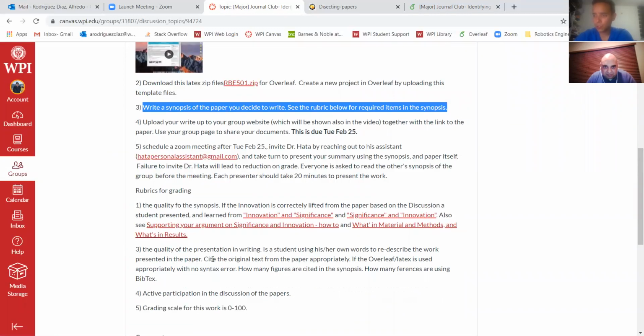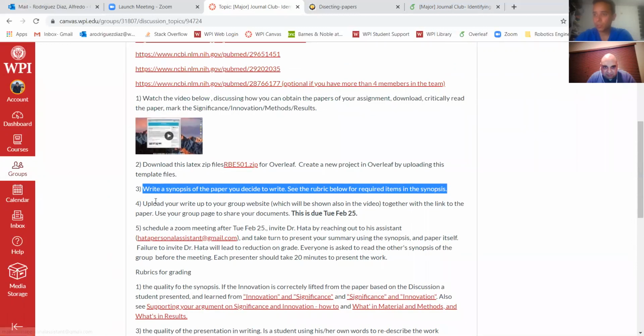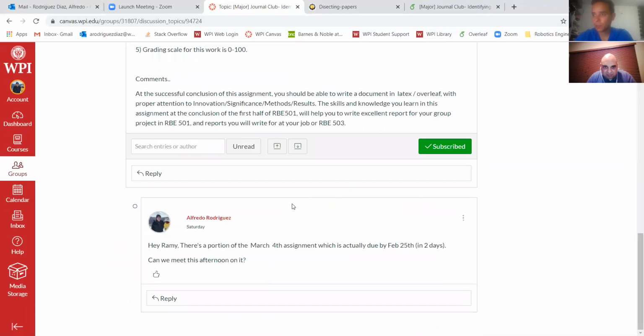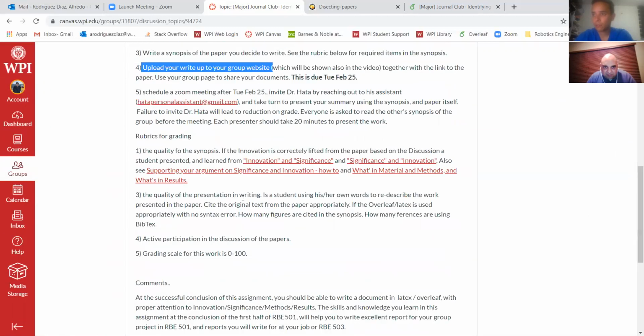We need to use as many citations as possible as we talk about the different sections of the paper. And then we're supposed to put it in our group section, which will be right here, at the bottom. We have to upload it in PDF.